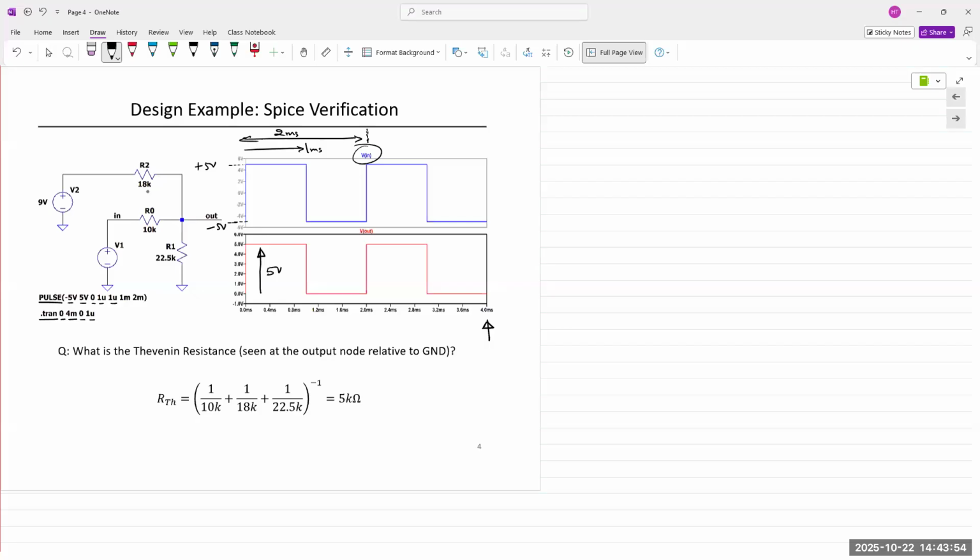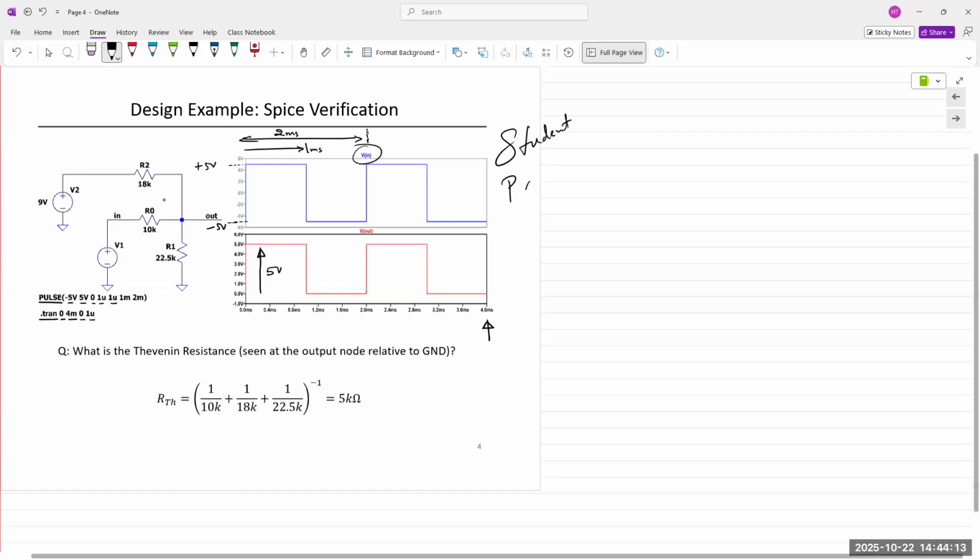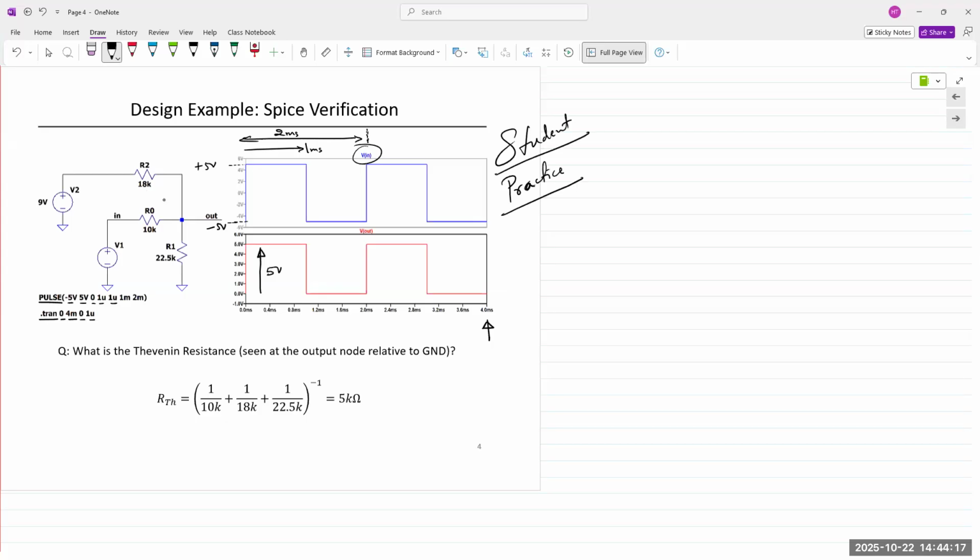So you have that many data points. Once you run that simulation, you should see the output voltage or output waveform. This is easily done in LT SPICE, so definitely go ahead and do that when you're learning outside of class. All right.